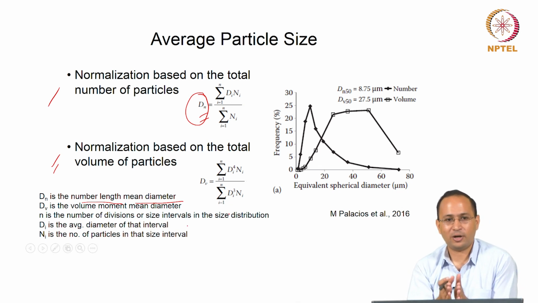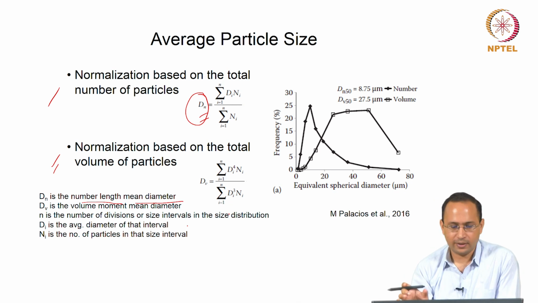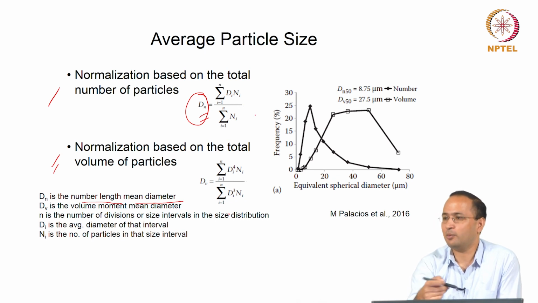We are talking about size intervals. You can divide your whole range in multiple size intervals, and you know the average diameter in that interval, and you also know ni, the number of particles in that size interval. So, these are two different ways of normalizing things.